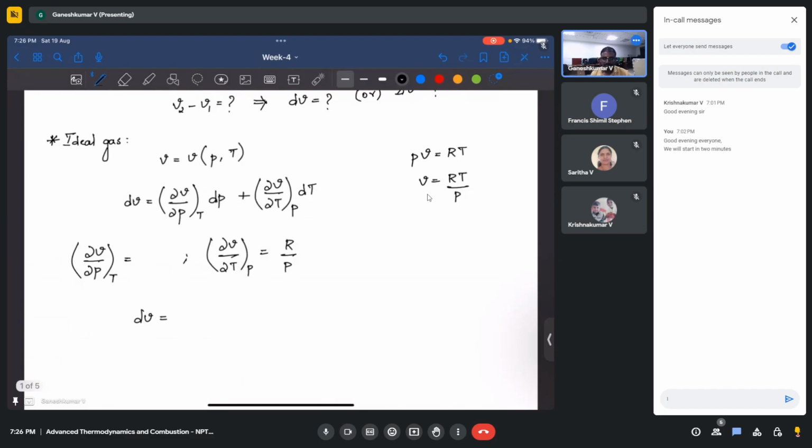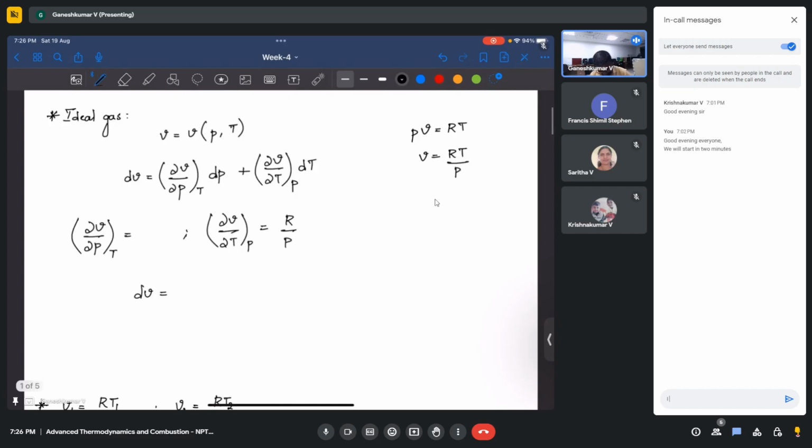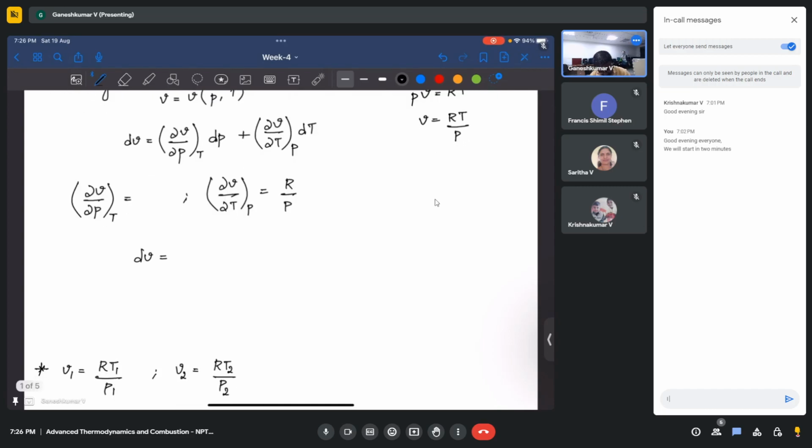The reason is these are mathematical functions, so it should be the same. So how does this work? ∂V/∂P is going to be minus RT by P square, right? So we have minus RT by P square dP plus R by P dT, right?